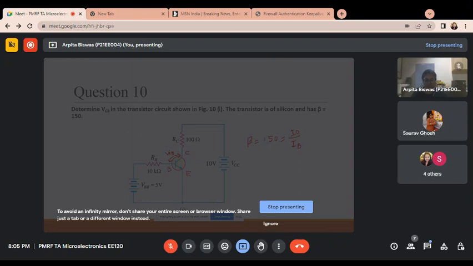Then if the emitter is grounded, then the VCE will be, so if it is solved, then the collector voltage value will be 3.55 volts. What is the value of VCB? So VC means only the collector voltage is 3.55 volts. And if I can find the value of VB, that is base voltage, then I can find the value of VCB, that is VC minus VB. So base voltage is 5 volt, I can find the VCB.